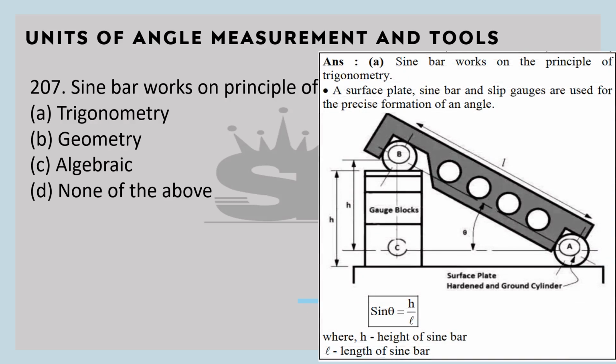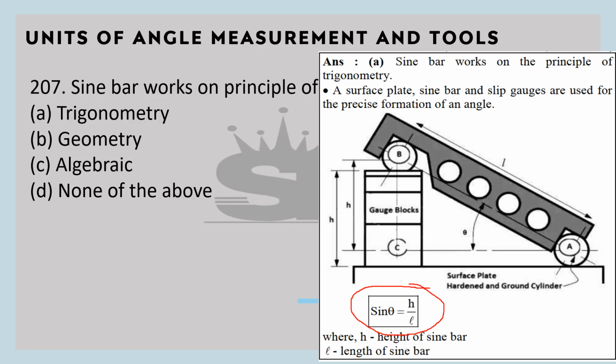You can see here how the sine bar works. We're placing it on the gauge blocks to get the angle by using the trigonometric functions. We'll get the value of the angle.